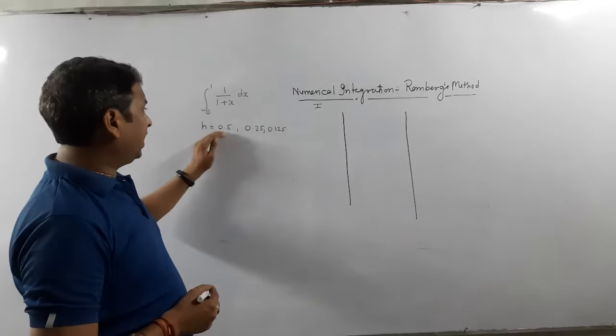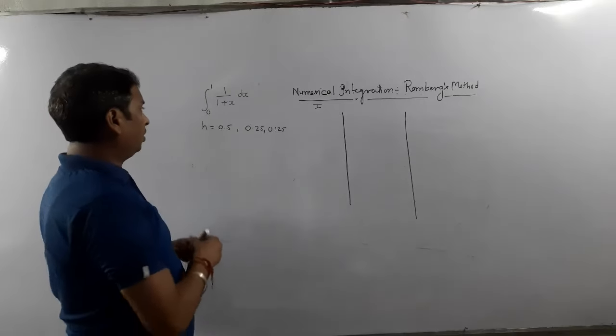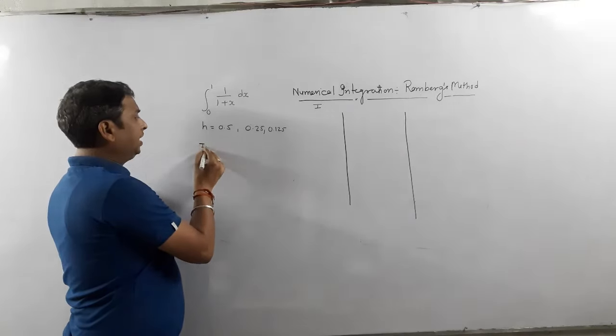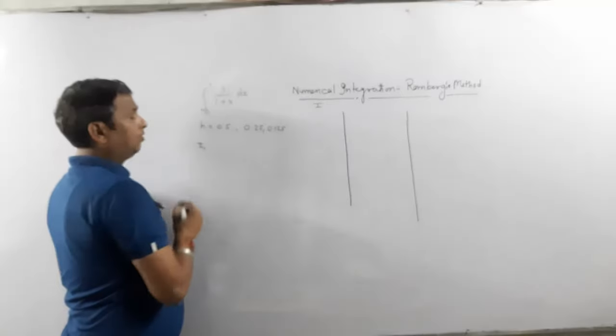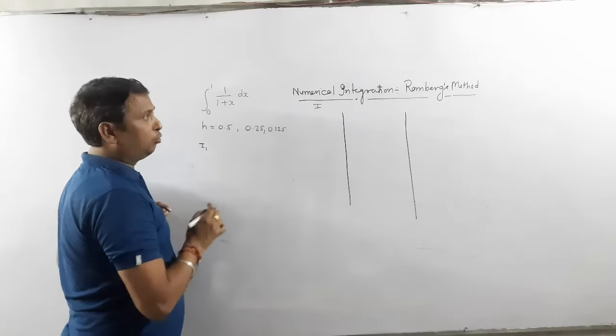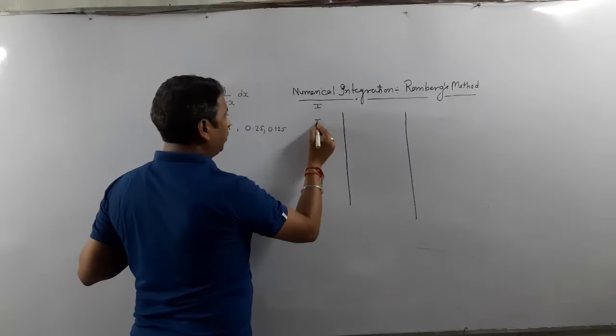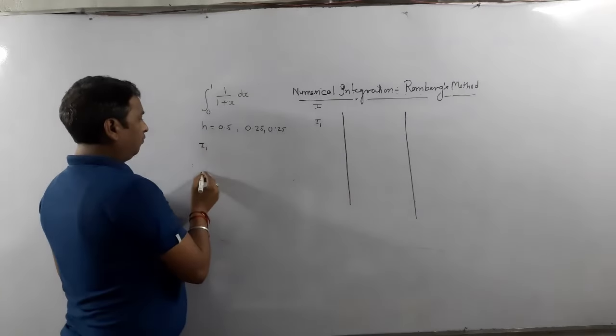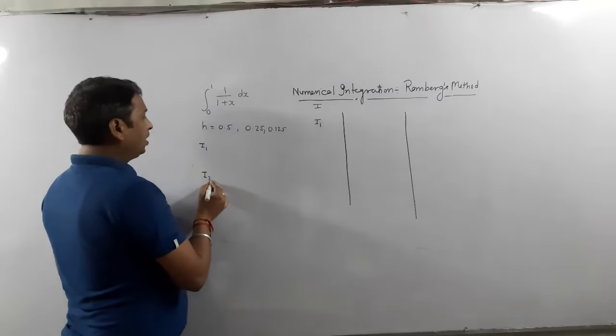When you take h value 0.5, you can easily calculate this integral using the trapezoidal rule. Suppose it comes I1. Then calculate I2. What is I2?